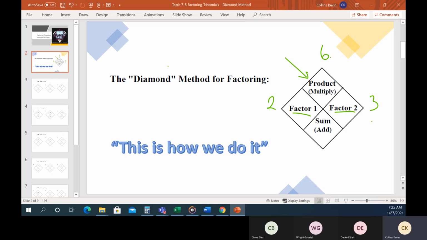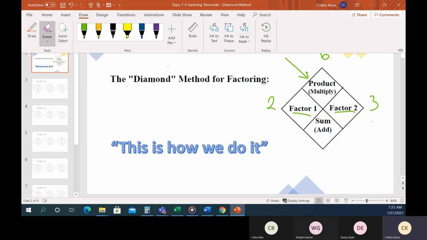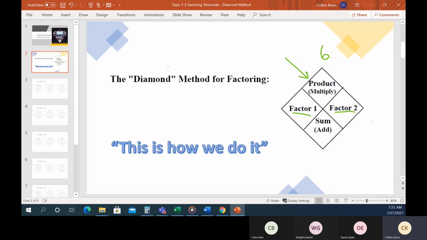Okay, that's a possibility. Another possibility would be, hang on a second. What's another way you can multiply numbers together and get 6? This one's usually so obvious that people forget about it.